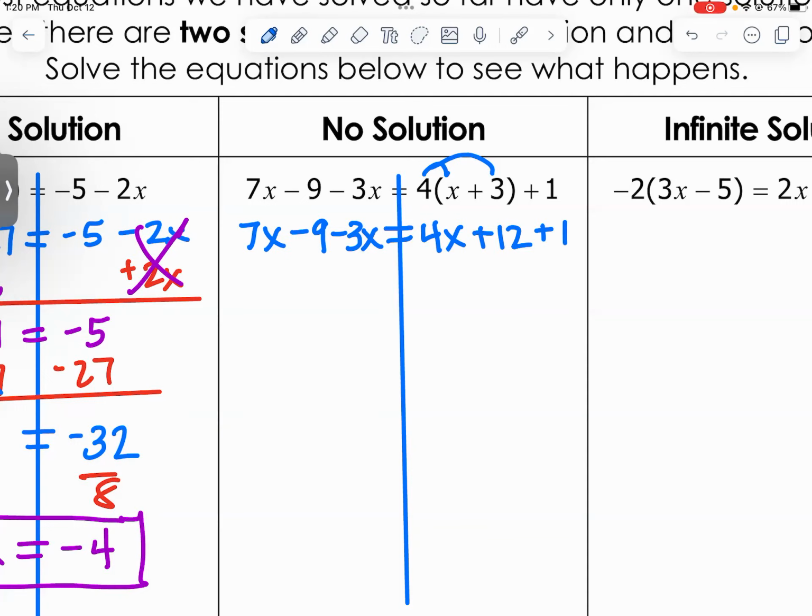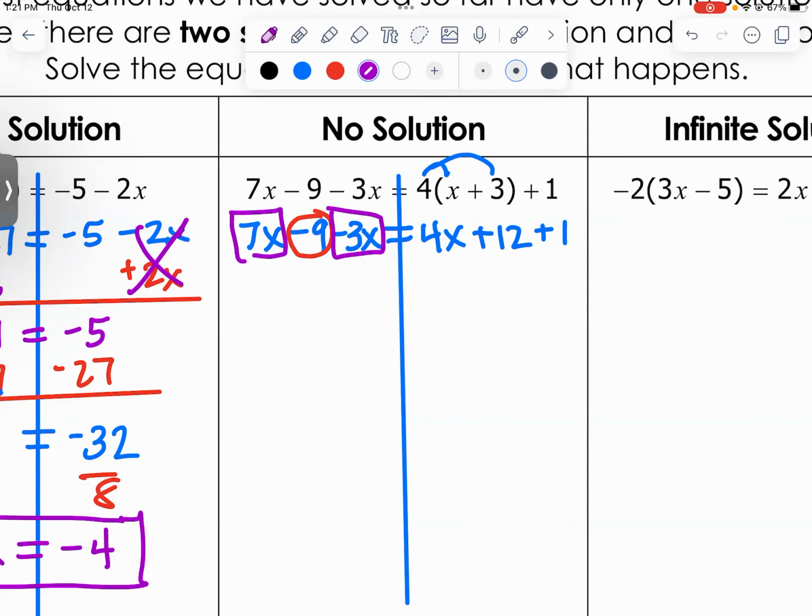Jacob, what's the second step after distribute? Combine like terms. On the left side, it looks like we have some like terms that we can combine: 7x minus 3x.